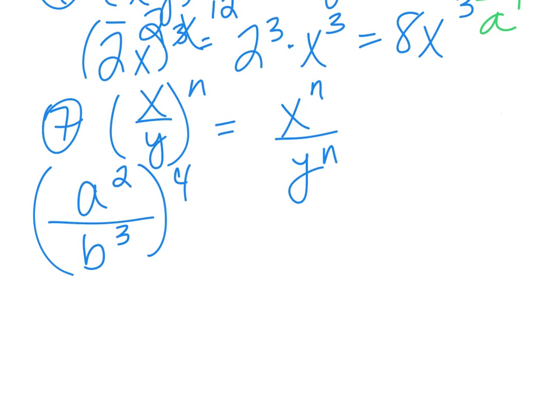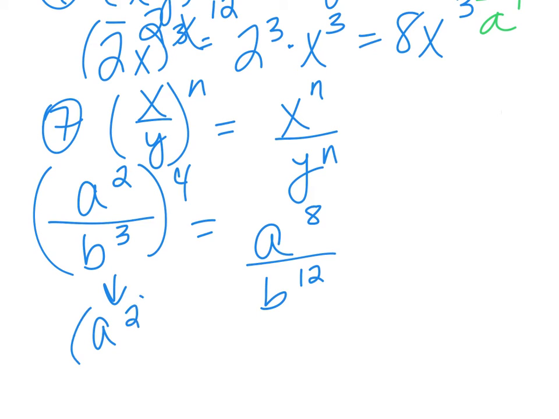That is a to the 8th over b to the 12th. You distribute that 4 because it would have been a squared to the 4th power over b to the 3rd to the 4th power.